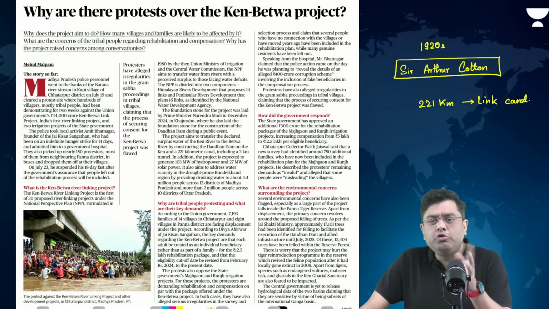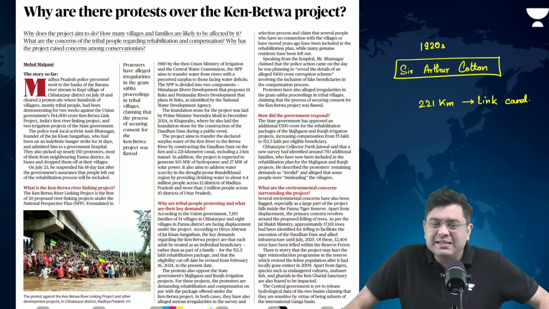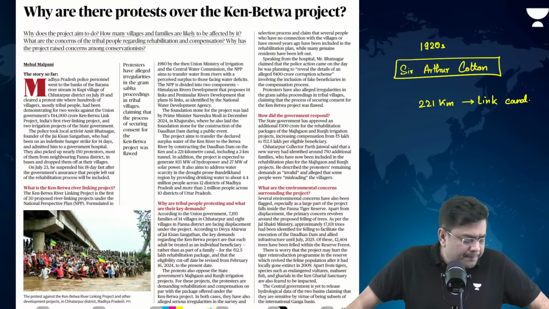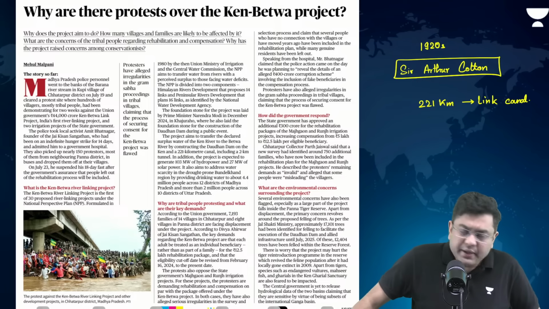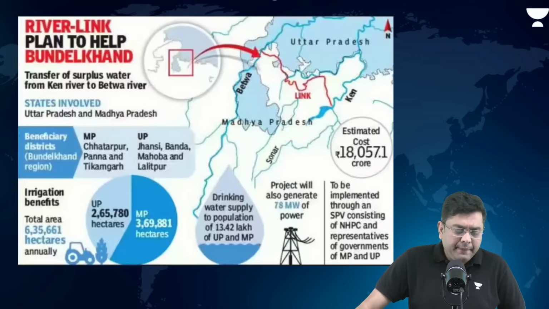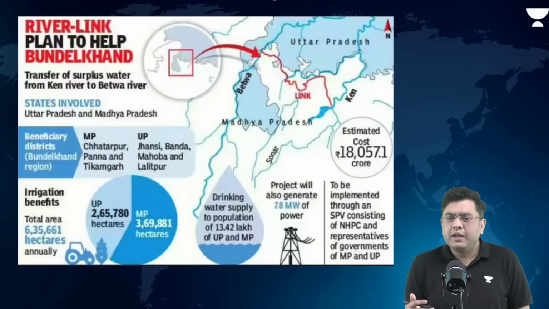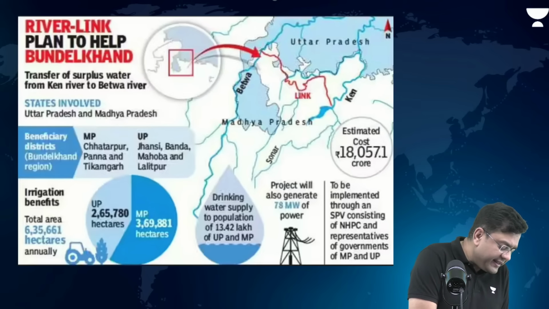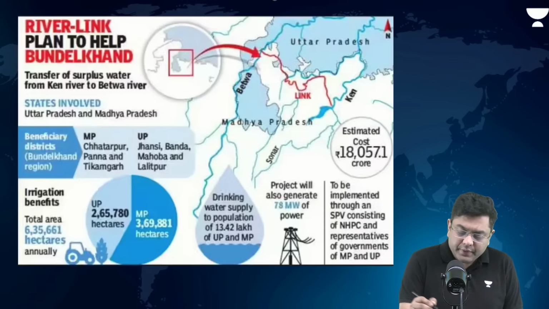Other than that, you need to know the arguments in favor and against the interlinking. So this is the detail that you need to know. Okay. So we will contextualize it in a written format. Okay. So first of all, what is the interlink project? It is basically the case of Kane to Betwa interlink.